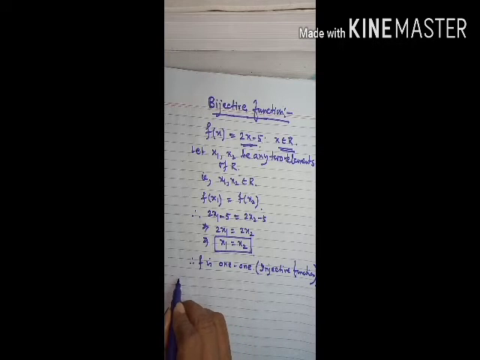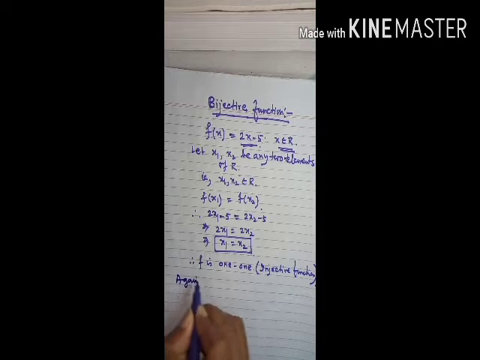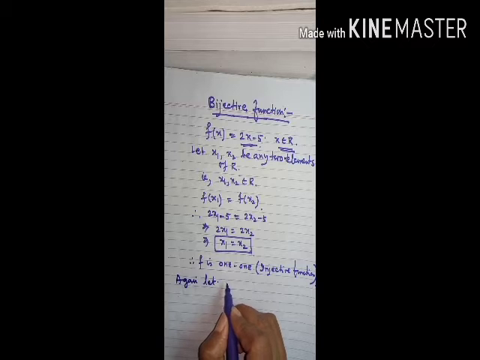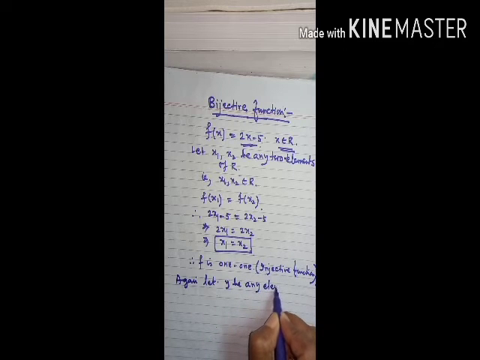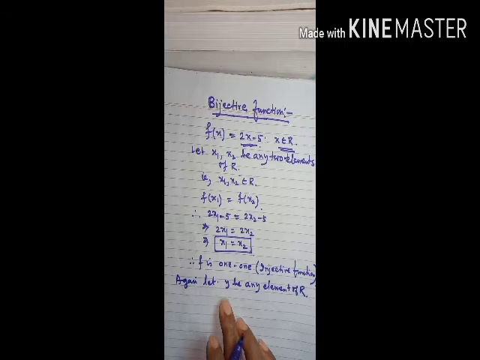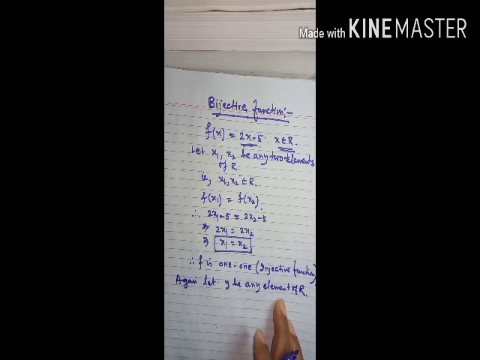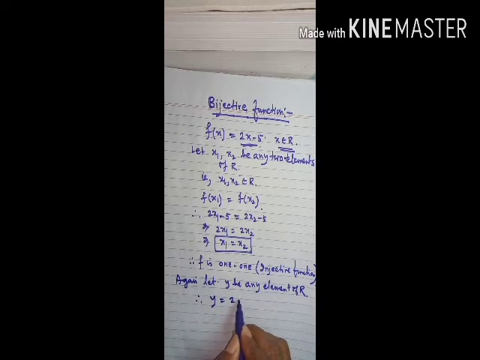Let y be any element of R, any element of R. So here you have to consider y in the codomain of R. So you can write y equal to 2x minus 5.